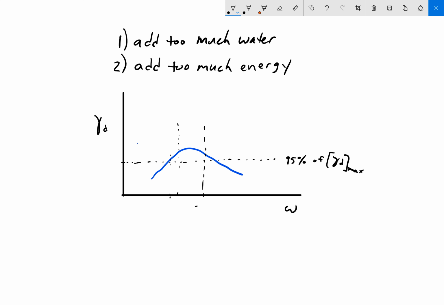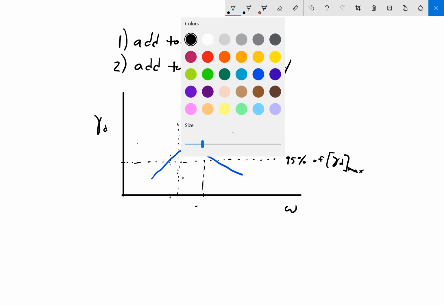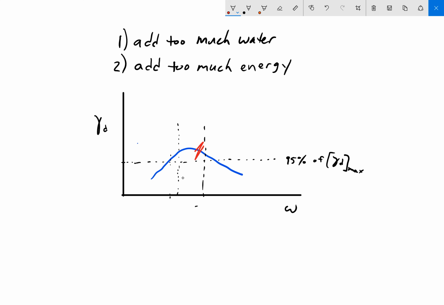So really what we're telling the contractor is, look, you're compacting soil. You need to fall somewhere in this region right here, Mr. or Mrs. Contractor. If you do that, then we're good and you can keep placing more fill and we'll just keep going.